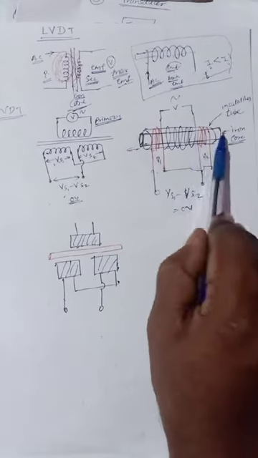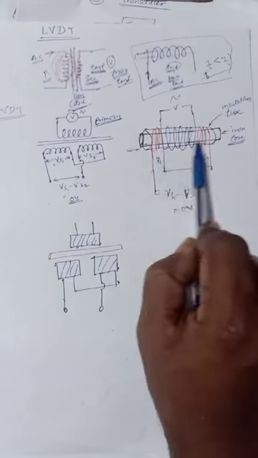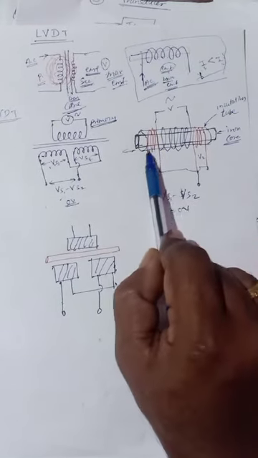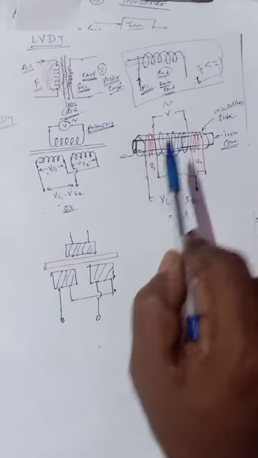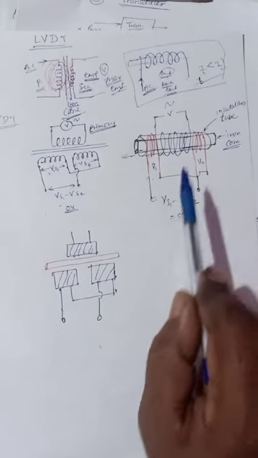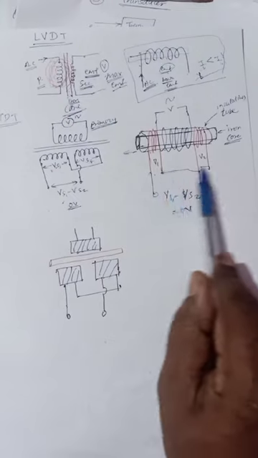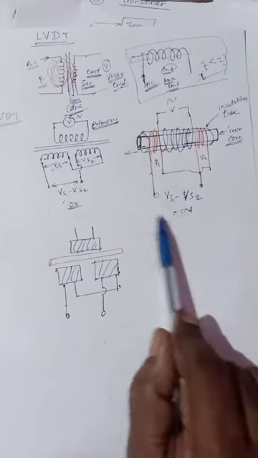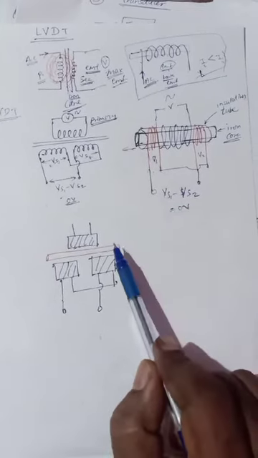So consider this the first situation. When the rod is fully inserted in the tube, both windings have the iron core, and the voltages developed are equal, and since they are connected out of phase, we get 0 volt.